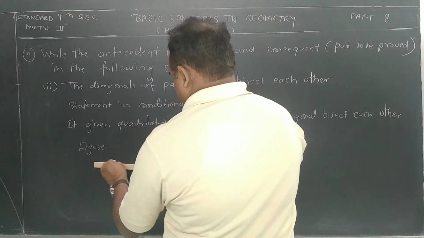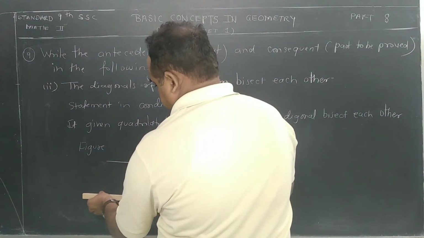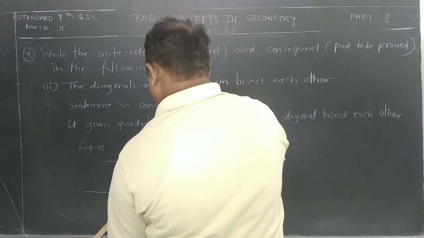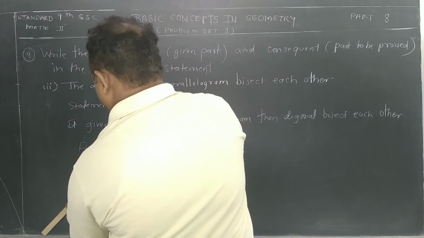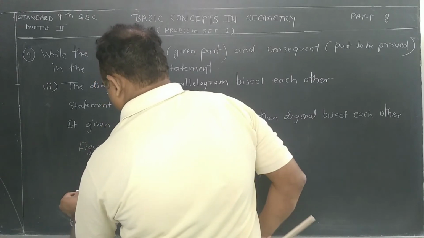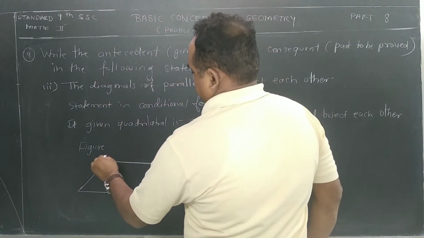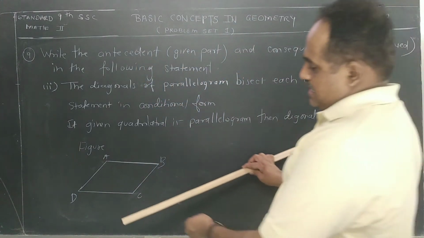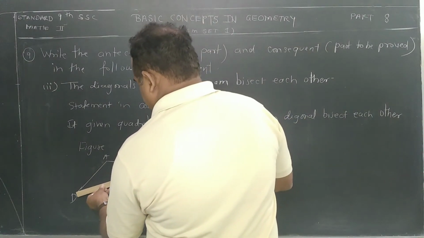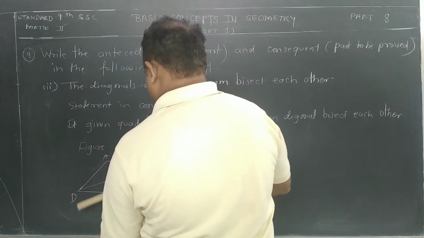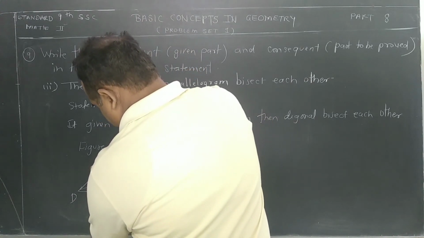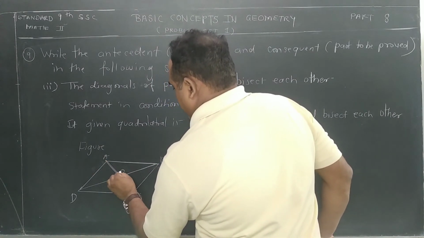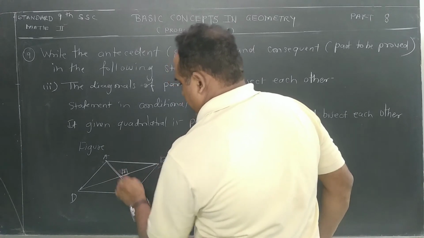For this figure, I am going to draw a parallelogram ABCD, and then draw its diagonals. So these are the diagonals. They intersect at a point, say M. Is it right?